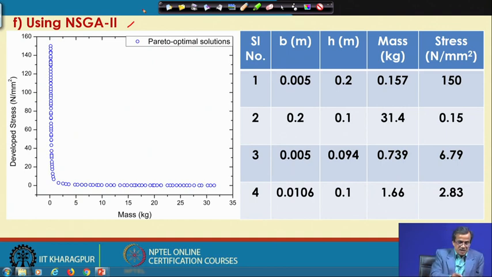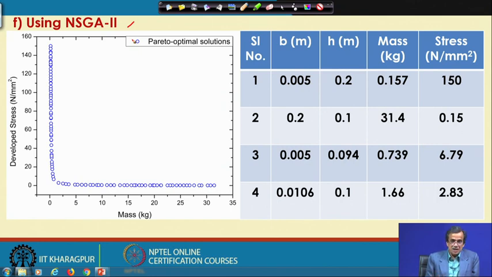For NSGA-2, as I have already discussed, we are going to use the principle of crowding distance to ensure the diversity of the population of solutions, and at the same time, to ensure the selection pressure, we take the help of some reproduction scheme like the tournament selection.